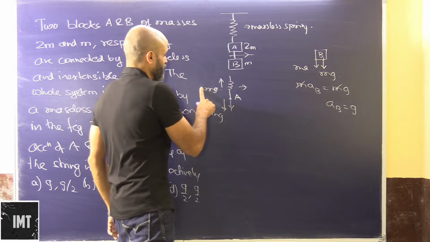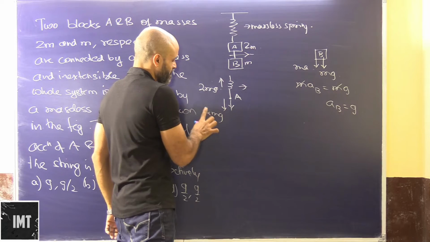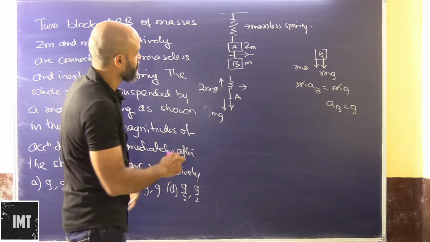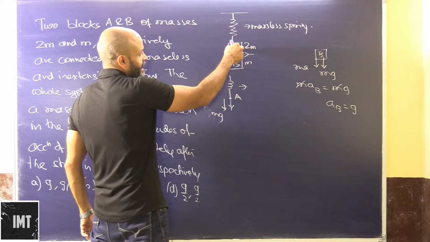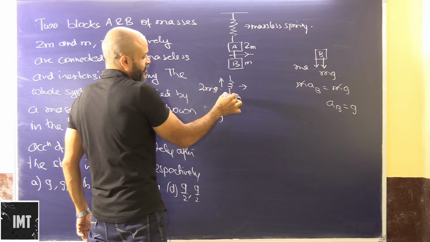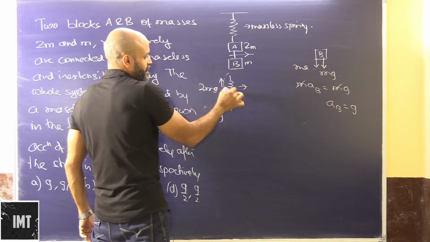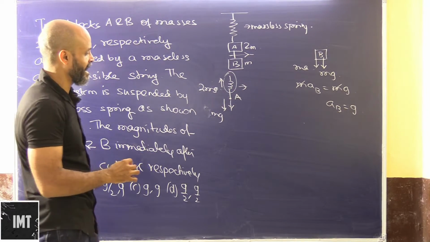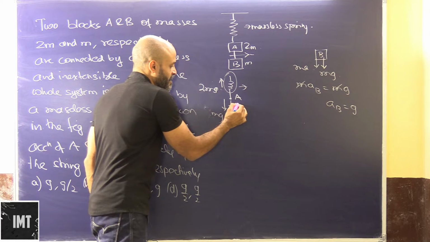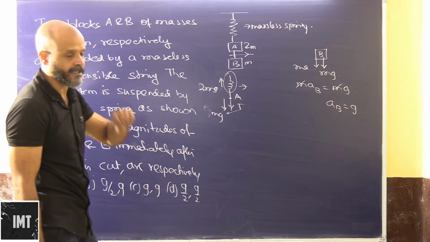Oh, sorry, 2 mg. So this is mg. Because of this, there is an mg force on this A. There is basically a spring force of 2 mg acting upwards, and there is a tension of T is equal to mg, which is acting downwards.